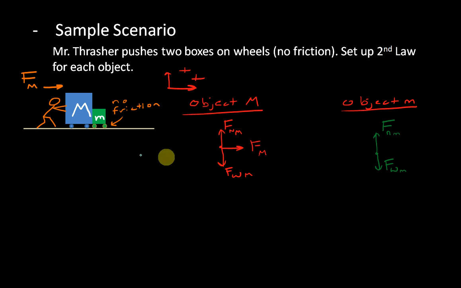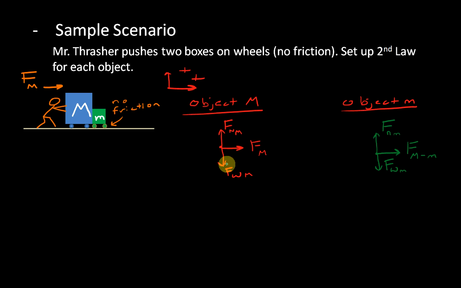And, well, this blue box here is pushing on this green box. So there must be some kind of contact force. I might call that F big M onto little m. Aha! This actually means my free body diagram over here is incomplete.